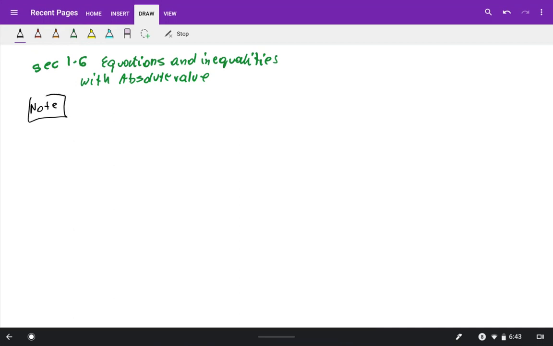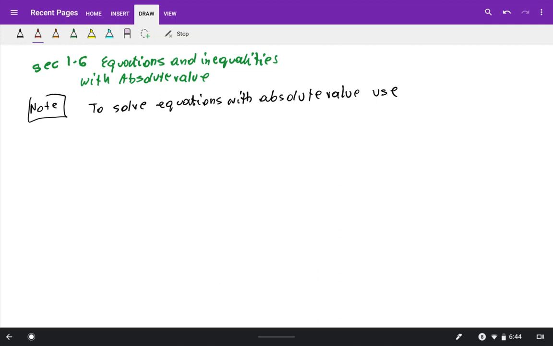So let's start with the note that to solve equations with absolute value, use this information. When you solve equations with absolute value or later inequalities with absolute value, you're always going to solve two equations or two inequalities.